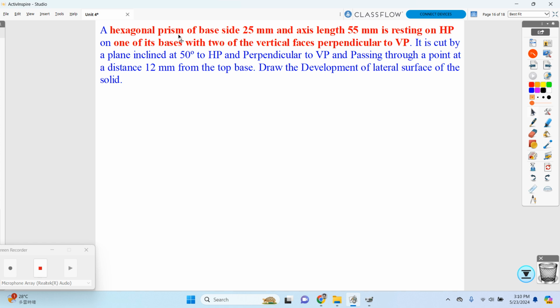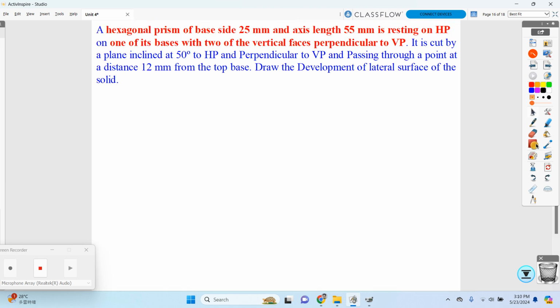For a hexagonal prism, how many sides? 6 sides. For each side we consider 25 mm and axis length as 55 mm. They also mention that it is resting on the HP on one of its bases with two of the vertical faces perpendicular to VP. Now we are going to start the drawing.